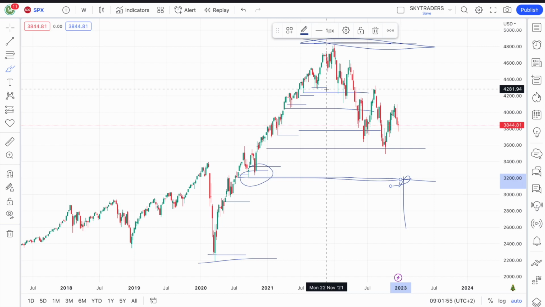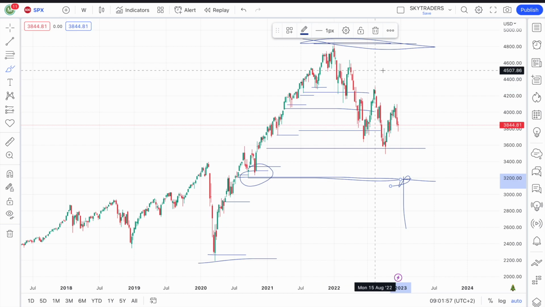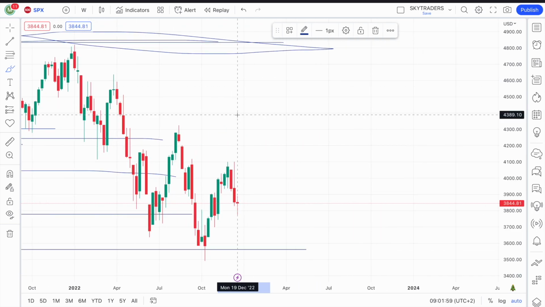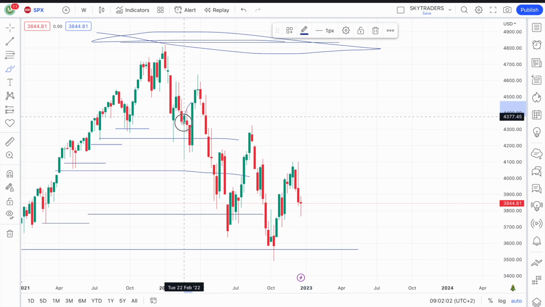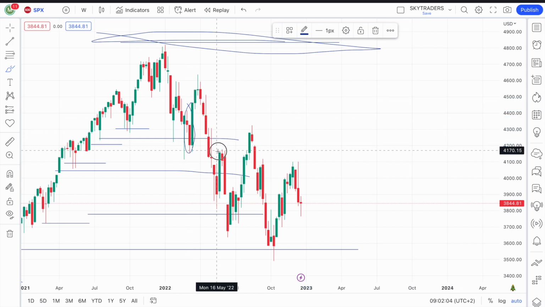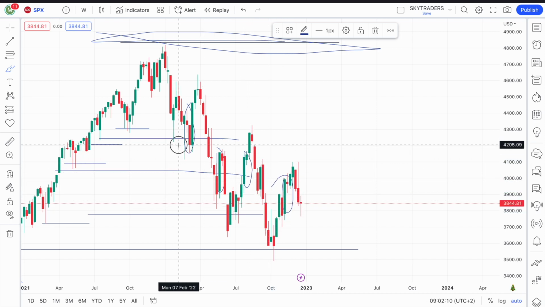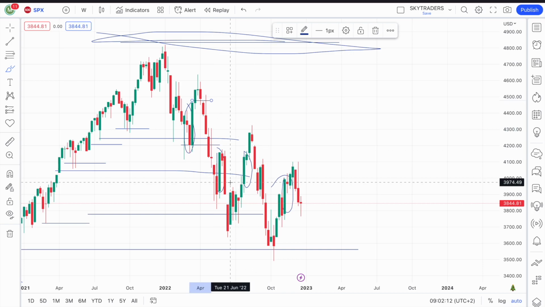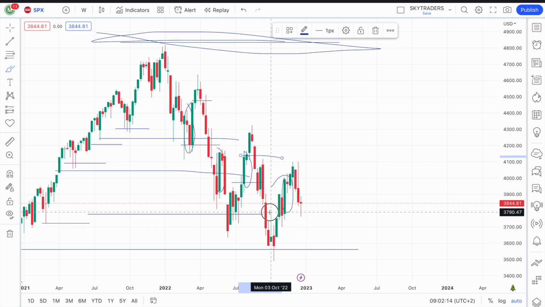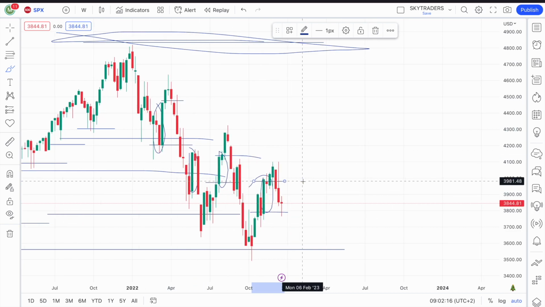And we are always trapping traders. Take a look at these candles. It's always a trap. And when we see these kinds of signals in the market, we know that the market is in a heavy downtrend.